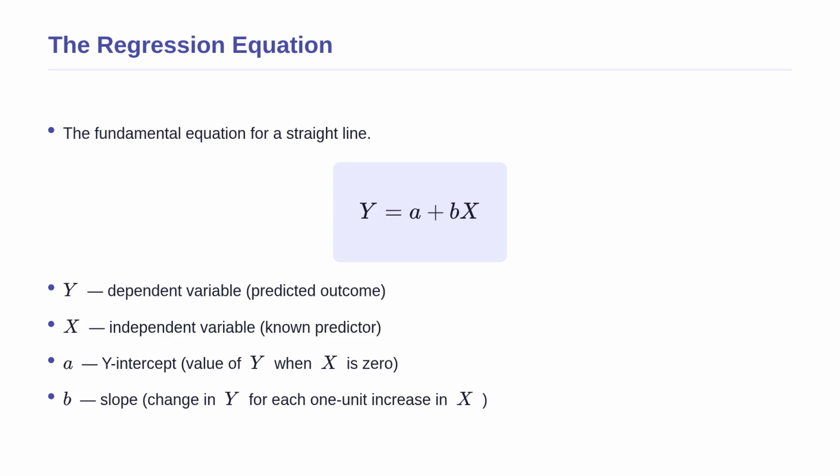X is our independent variable, the data we already know. The letter A represents the y-intercept, which tells us the predicted value of y when x is exactly 0. Finally, the letter B is the slope of the line. The slope tells us exactly how much y is expected to change for every single unit increase in x. If b is positive, y goes up as x goes up. If b is negative, y goes down.